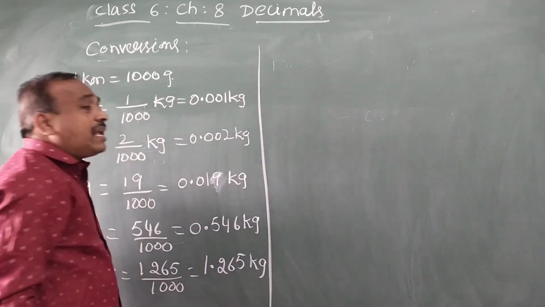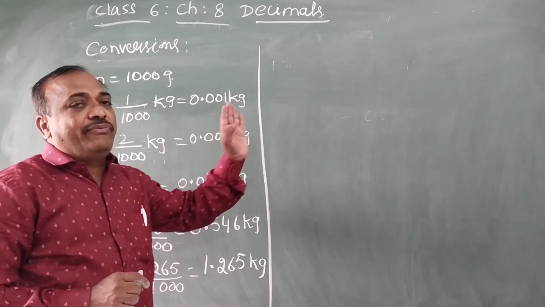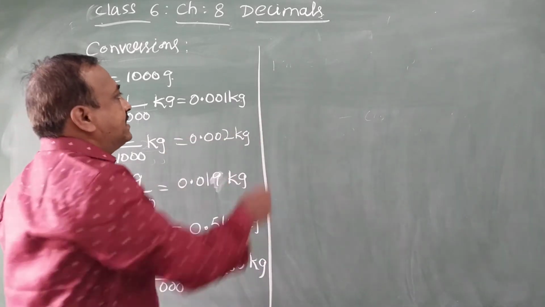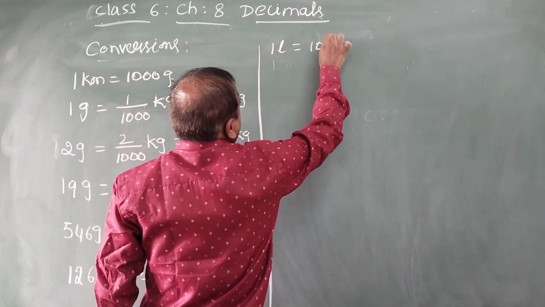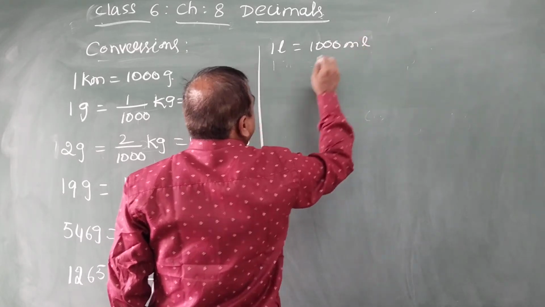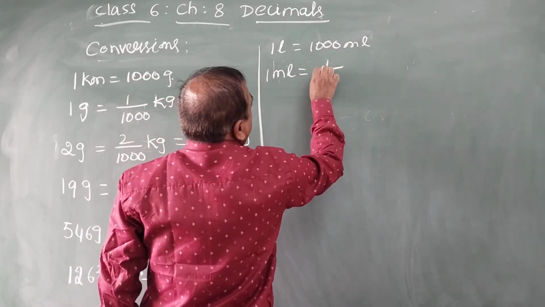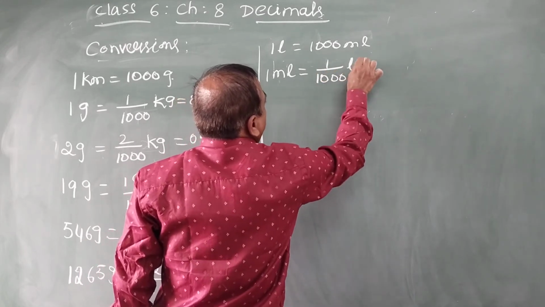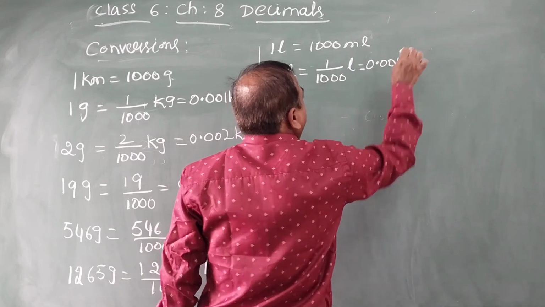Similarly, we write liters, and similarly, we write rupees and pies. Here, 1 liter is equal to 1000 milliliters. 1 milliliter is equal to 1 by 1000 liters, which we write as 0.001 liter.